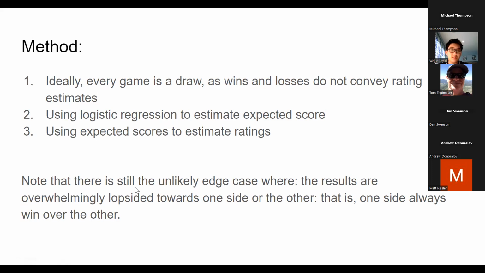But I want to point out that there is an edge case which this project does not account for, which is when the results are overwhelmingly lopsided toward one side or the other.